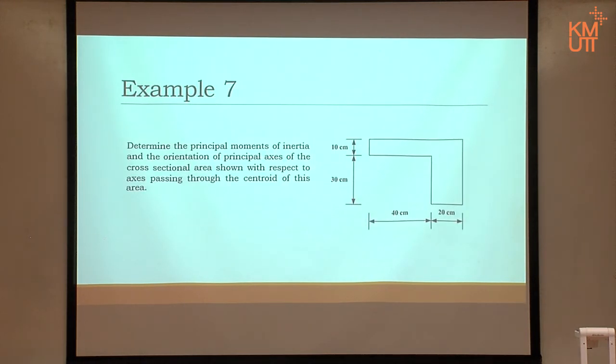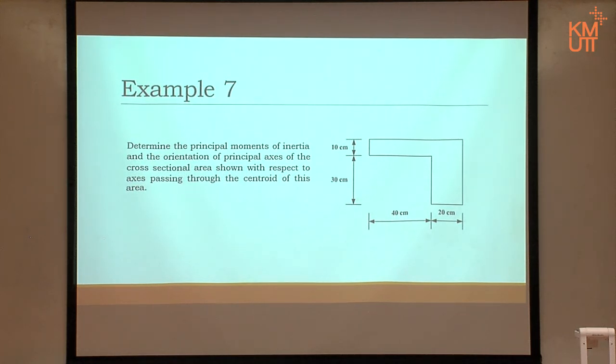Go back to the same picture we have. We already found Ix, we already found Ixy. Now the question asks them to find the orientation, those theta p, of the principal axes, and the value of the principal moments of inertia. Now we have Ix, we have Ixy, in the equation we still need Iy.